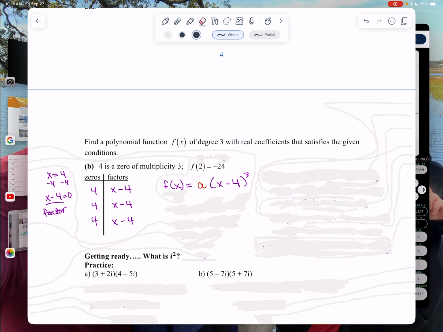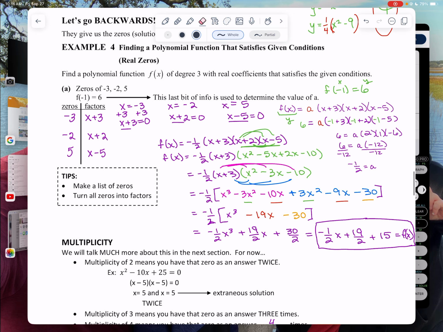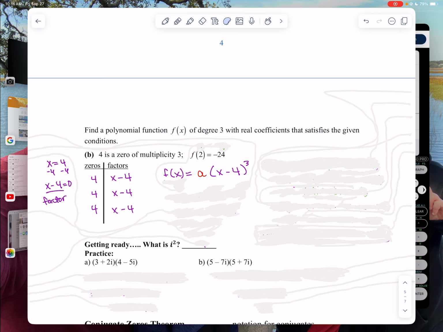Now, I could have said x minus 4 times x minus 4 times x minus 4, which is what we did up here, right? We took each one of these, wrote that down over here, wrote this down here, wrote this down here, and then put my a in front of it. I could have done that, but in this case, it's just easier to say it's to the third power.